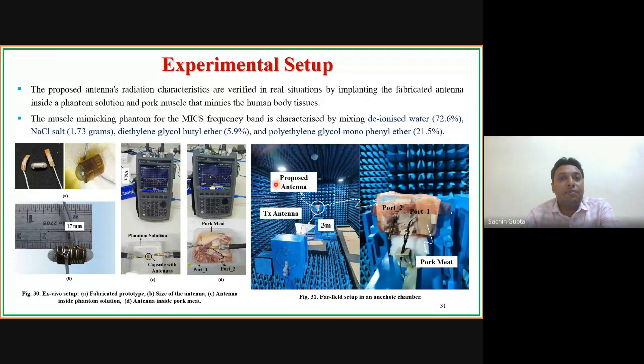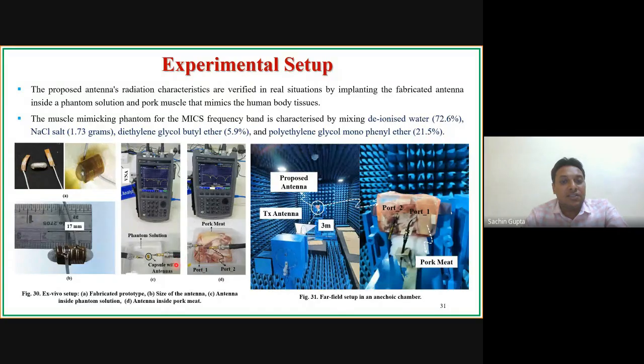This is the experimental setup which we created in our lab. So this is the fabricated antenna. You can see the antenna was wrapped on the capsule. We can see two elements: this is antenna element 1, this is antenna element 2, and both these elements were wrapped on the capsule.